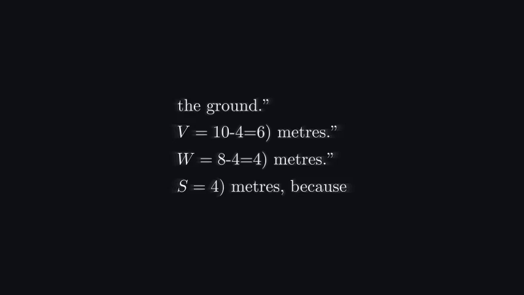WS equals 4 meters because W is at the same height as U, which is 4 meters above the ground.